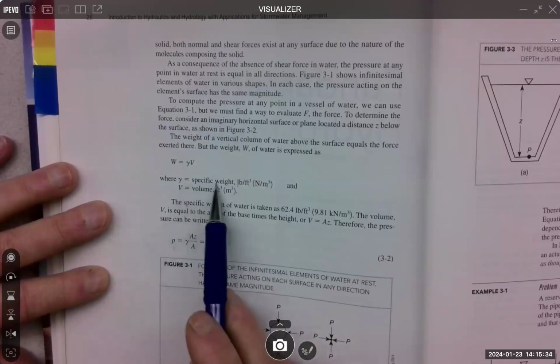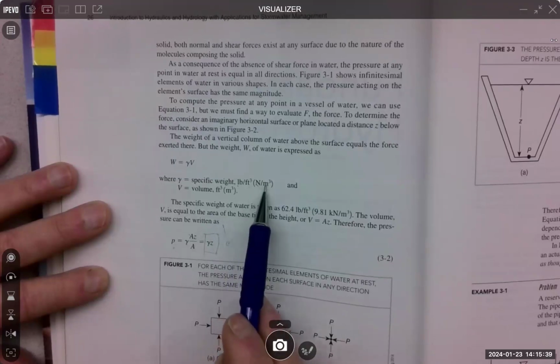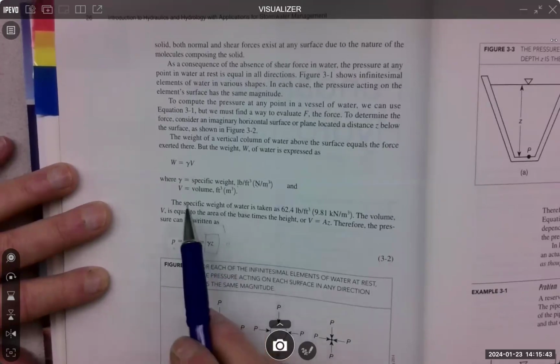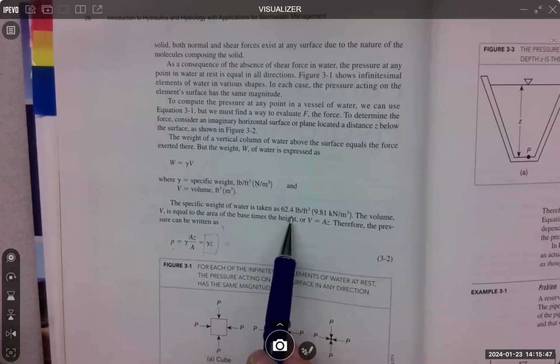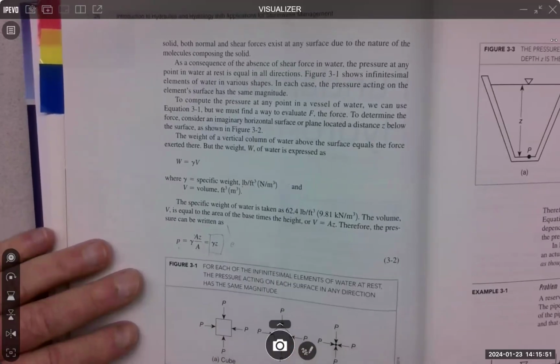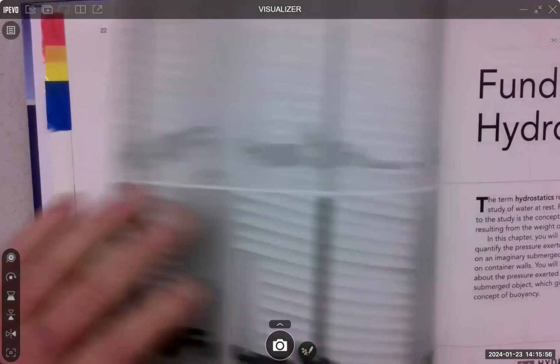So specific weight is in pounds per foot cubed or newtons per meter cubed, and then volume, right? And then it says the specific weight of water is taken as this. Now, this specific weight will change based on the temperature. So I think I talked about that in the previous chapter.